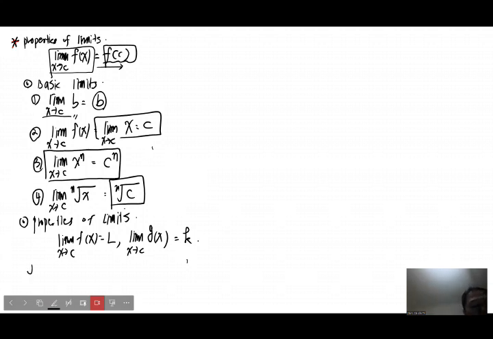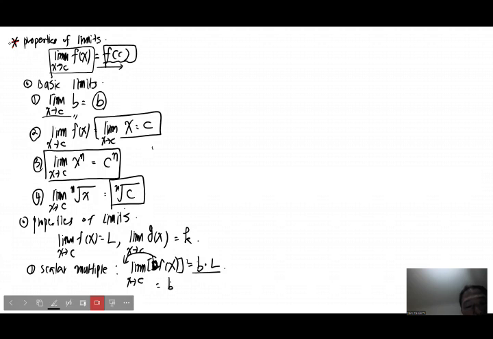Then number one, scalar multiple. If the function f(x) is multiplied by a constant scalar number b in the limit, and x goes to c, then that should be b times L, because b can be taken out of this limit first.